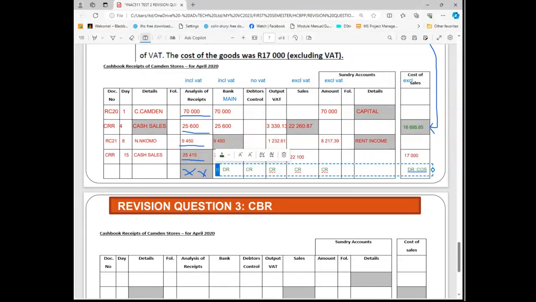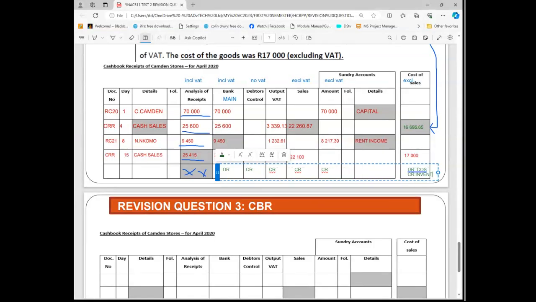Remember when we did the accounting equation? Cost of sales was with trading inventory. So for this one, I prefer you to write debit cost of sales and credit what? Because it affects two things, and the other one is not visible here. Can you see now? Yes.